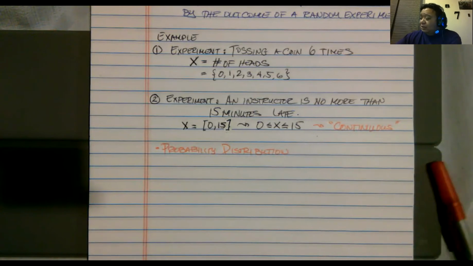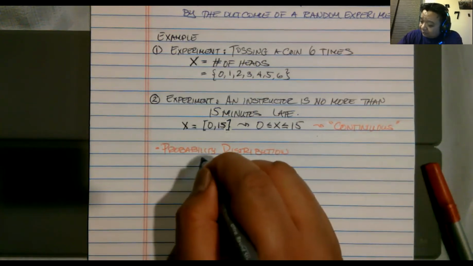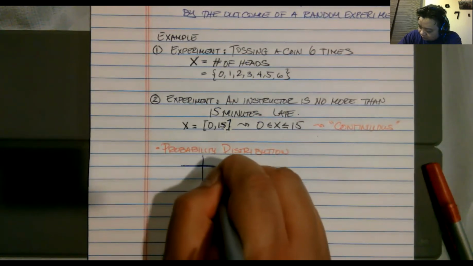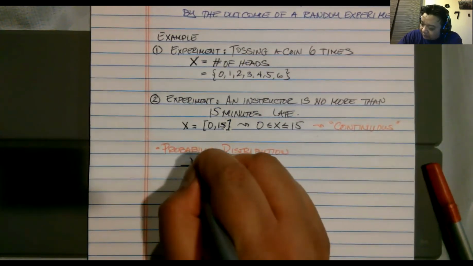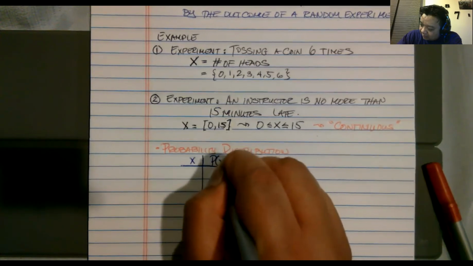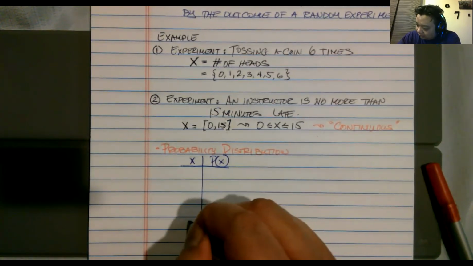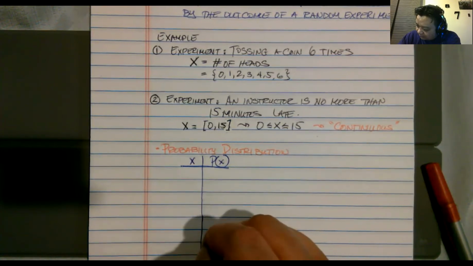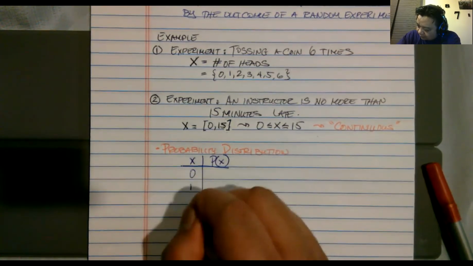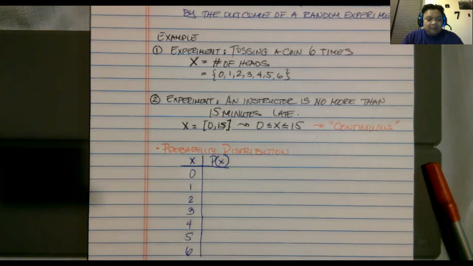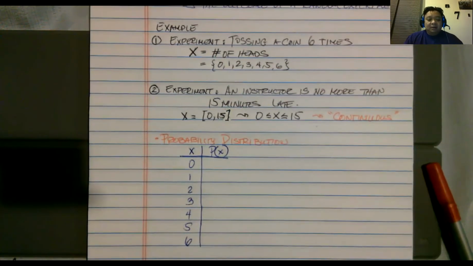A quick example. So x, P of x, with x being 0, 1, 2, 3, 4, 5, 6. This is the probability distribution.